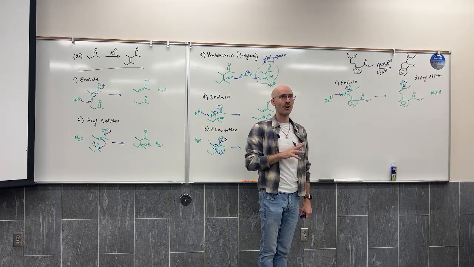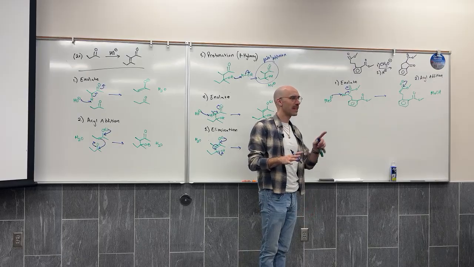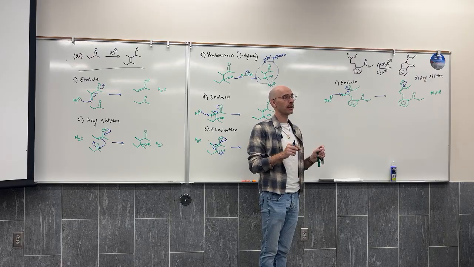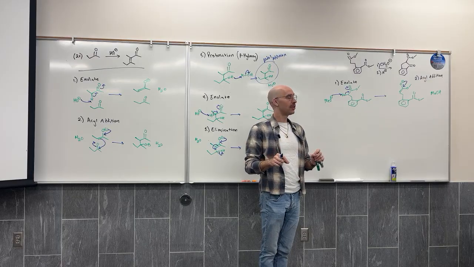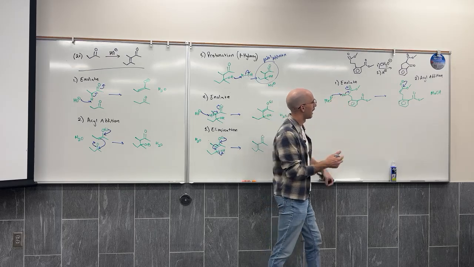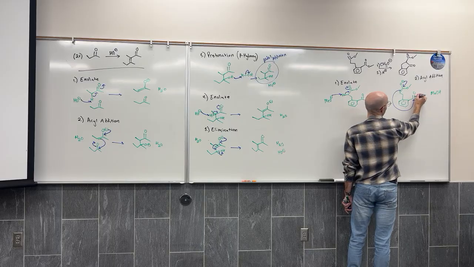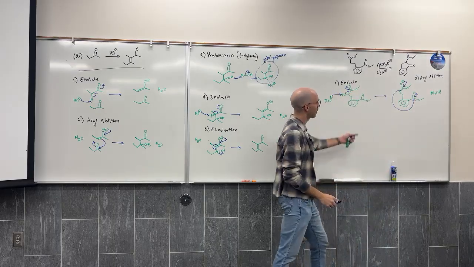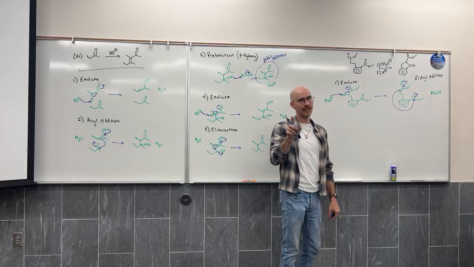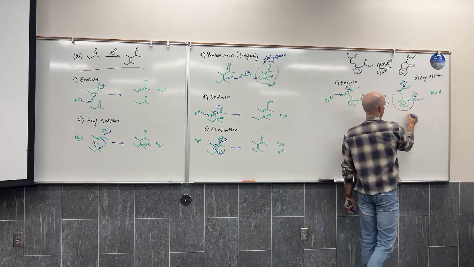It doesn't matter where your arrow is in the middle of the pushing. It just matters where your arrow starts and where your arrow ends. So I've got a weird connection here. I'm actually going to show this pi bond attacking the carbonyl like this. I could have gone down the other way, but it doesn't matter because all I'm saying is alpha attacks beta.